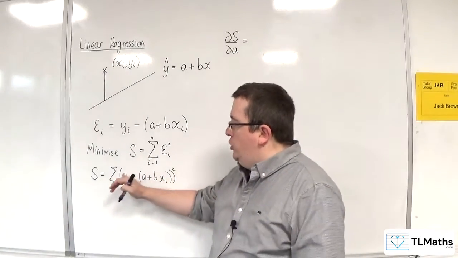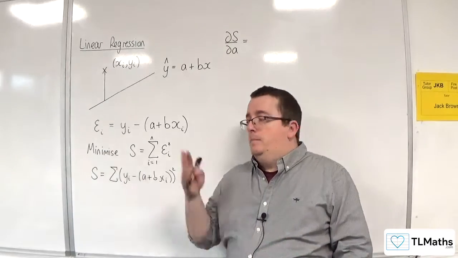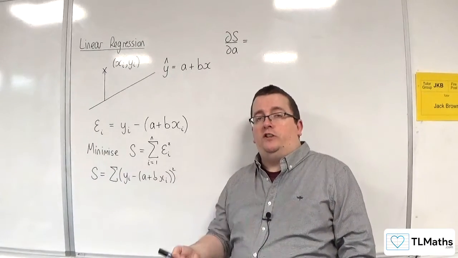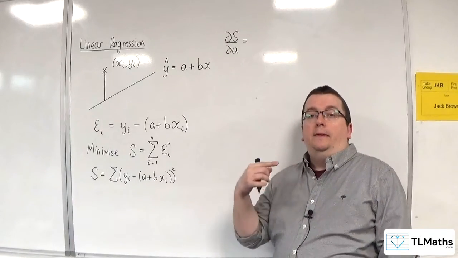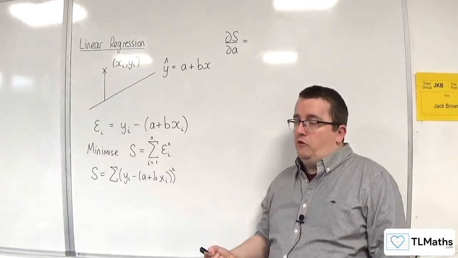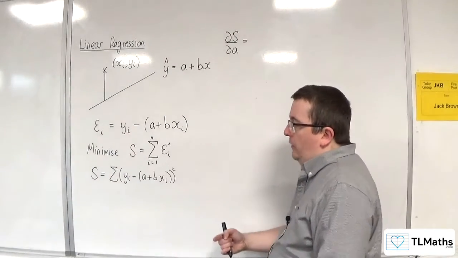Think about differentiating this. Now you could expand the brackets out, but I'm going to use the chain rule to do that. Now the chain rule for differentiation is a second year A-level maths technique. It's quite straightforward to pick up at this point.